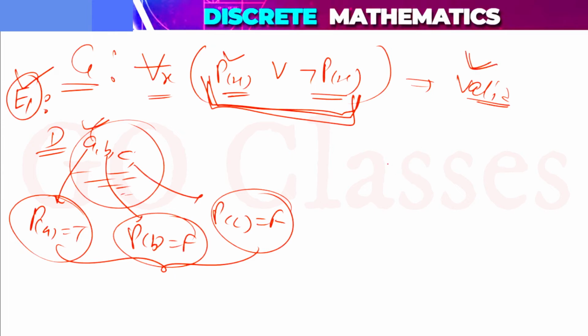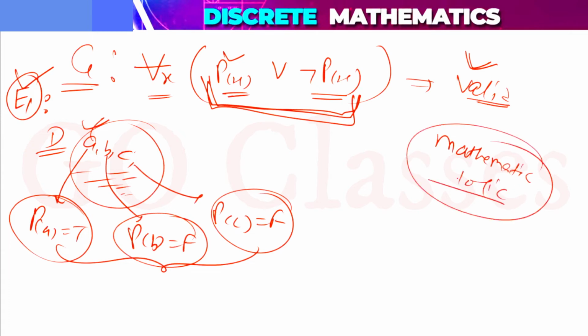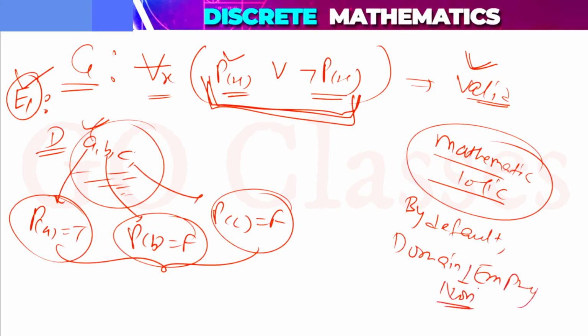Also, let me tell you one more thing: in mathematical logic, the domain is always non-empty by default. So remember, don't take an empty domain. If they do not mention anything, then the domain is always non-empty.